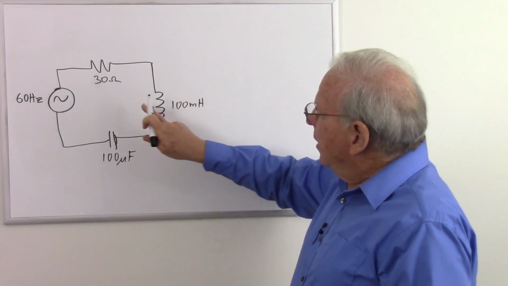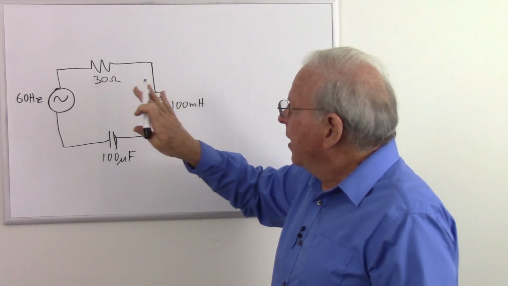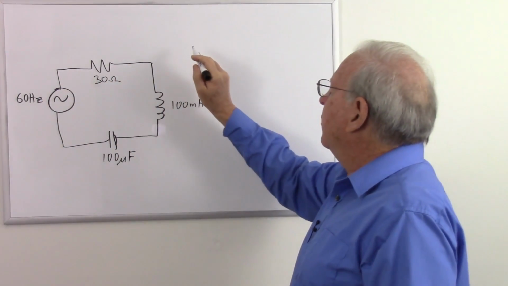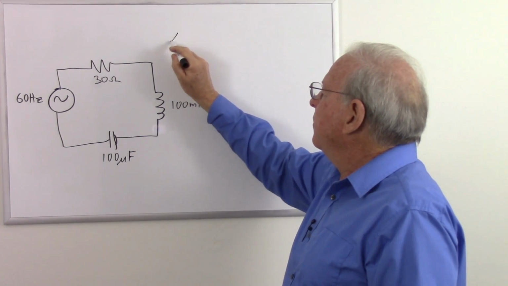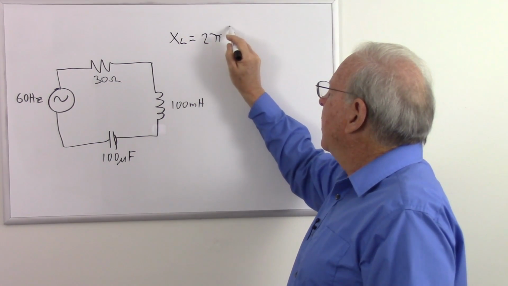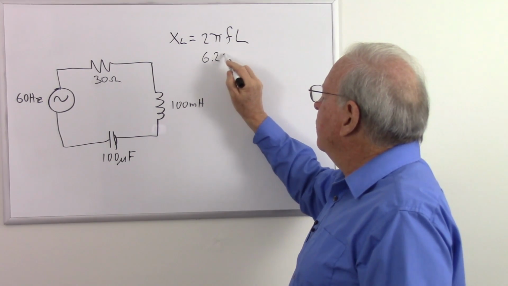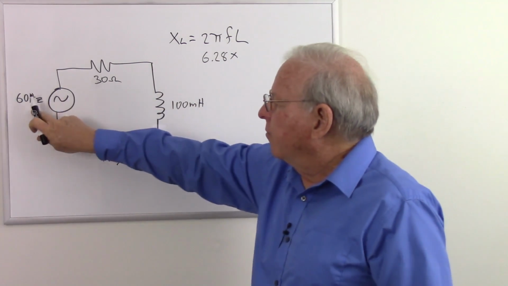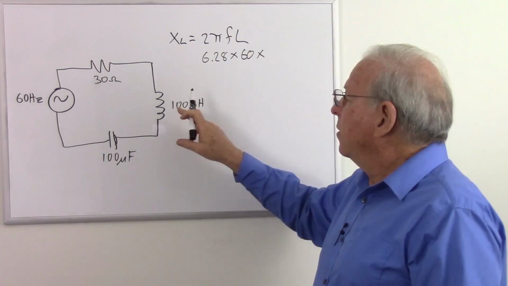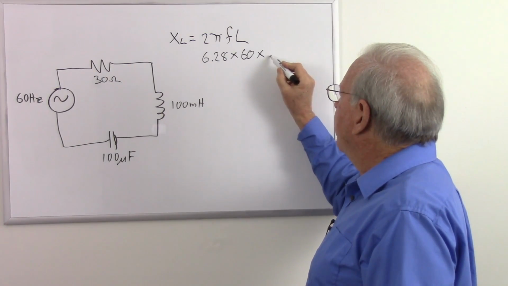And so what we need to know is, first, what is the inductive reactance? So how is this inductor going to react to our 60 hertz? And the formula for that is X sub L equals 2 pi FL. So that's going to be 6.28 times our frequency, 60 hertz, times our inductance, which is 100 millihenries, which is 0.1 Henry, so 0.1.